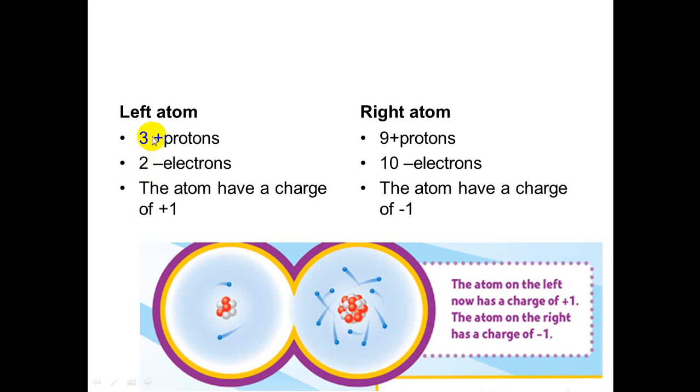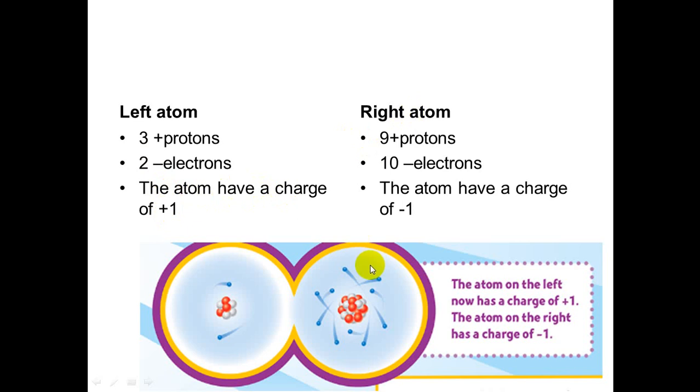Which one is more, protons or electrons? Here we have 3 protons and 2 electrons. Of course, the protons. So the atom has a charge of positive 1. The difference between protons and electrons is 1.